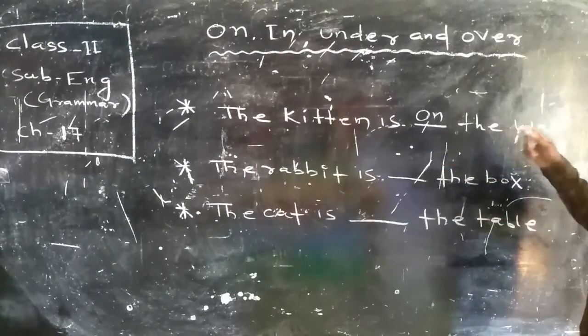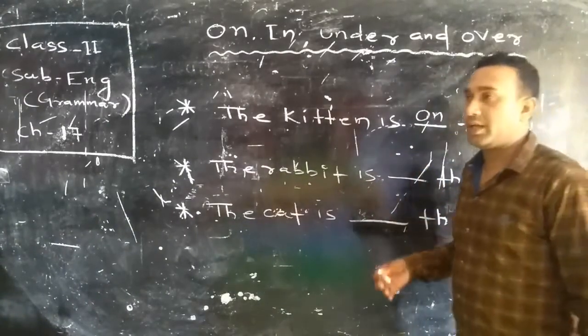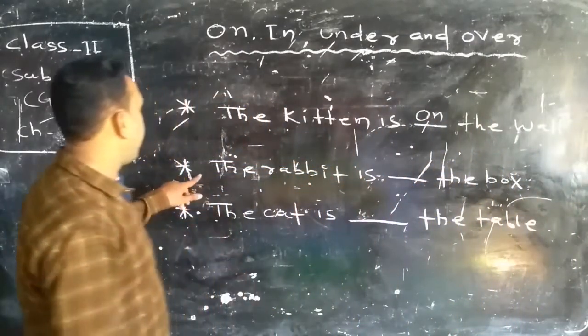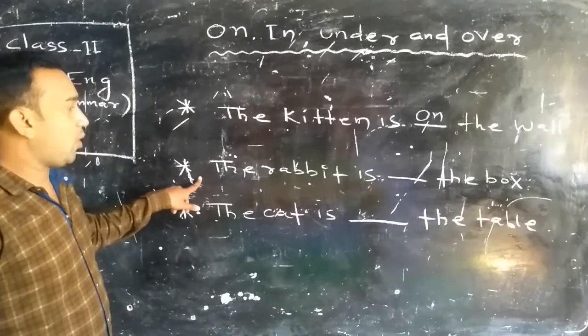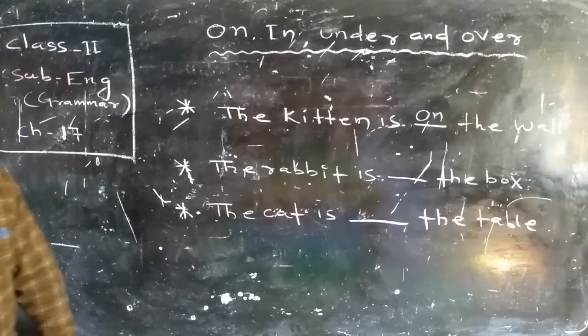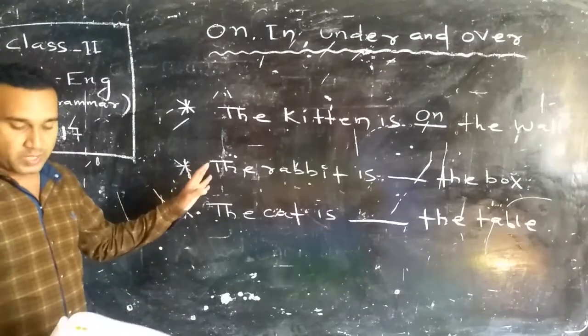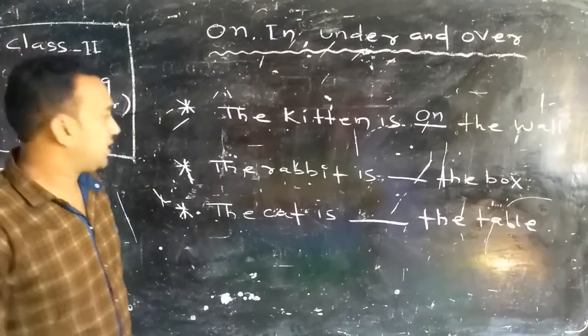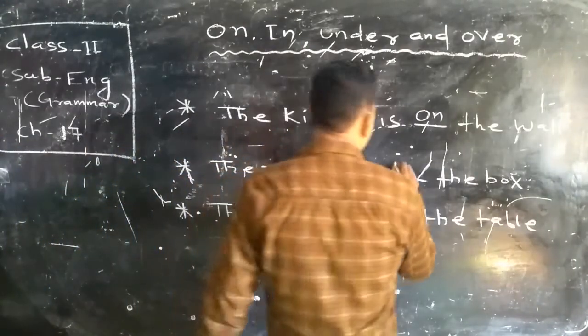The kitten is on the wall. यानी कि wall के ऊपर में. Okay. Then second number, the rabbit is dash the box. This is the box. तो rabbit जो है, आप लोग पिक्चर देख लो, कहाँ पे है. The rabbit is in the box.